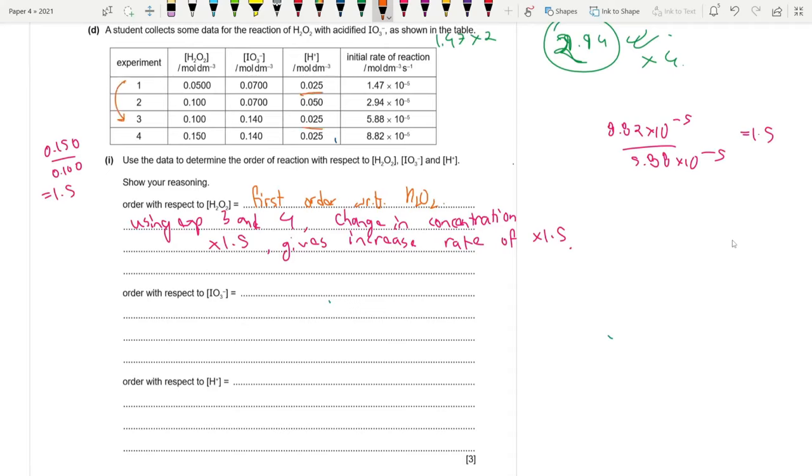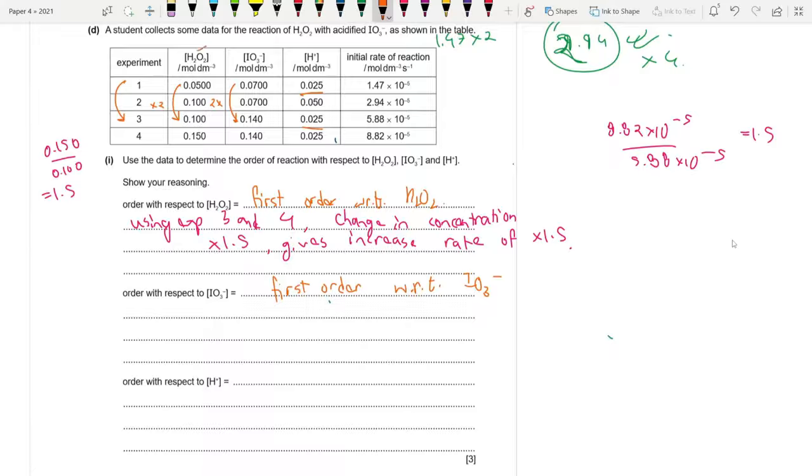We have doubled H2O2. We have also doubled iodate. So this is also first order with respect to iodate. Why is that? Because, look at this.